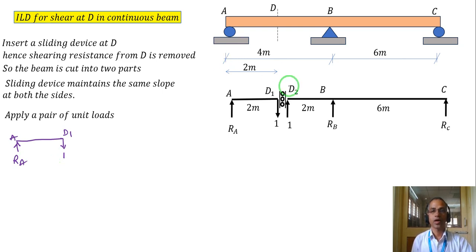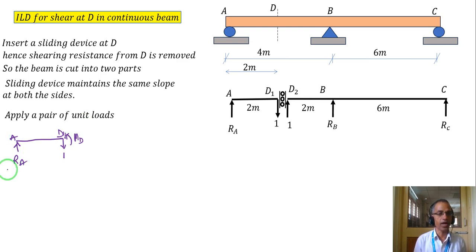Because there is a sliding device and the shear resistance is removed, there will be a moment produced here, let us say MD. So that also I need to find out.